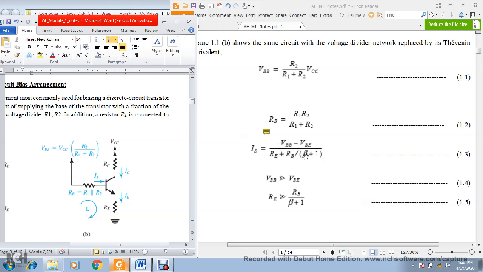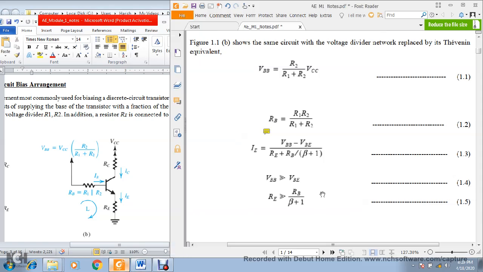There is no chance these values will change. The only change which can happen is VBE. That is how it works, and this happens because of RE, the feedback resistor. If you don't have any feedback resistor, if the emitter is directly connected to ground, then this won't work. That is not a good biasing arrangement.